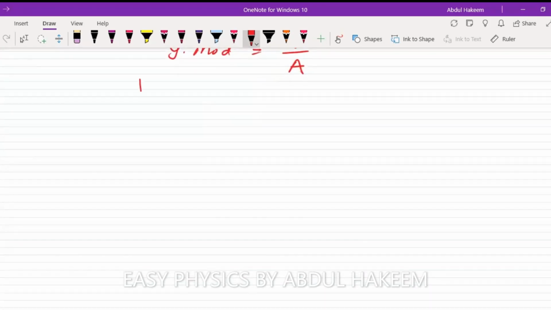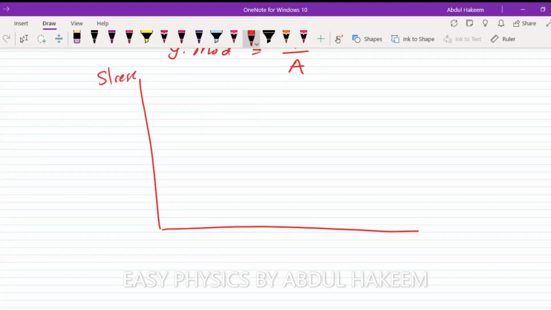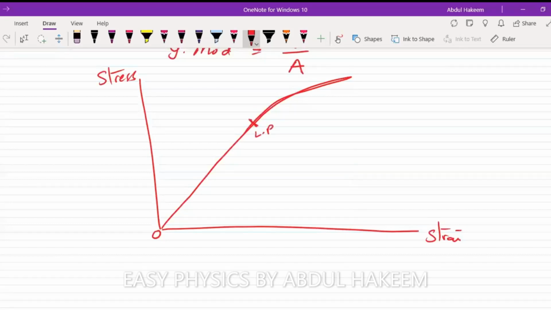Now, when the graph is plotted with stress on the y-axis and strain on the x-axis, then for metals it is similar to the force extension graph. The end of the straight line is the limit of proportionality, the next point is the elastic limit, and this is the breaking point. But do remember, the gradient of the line is the Young modulus.